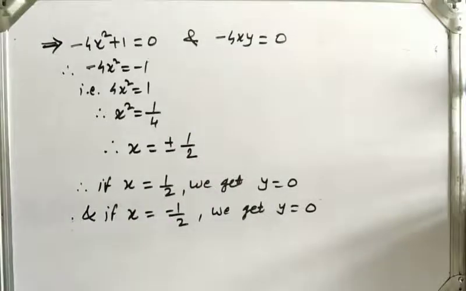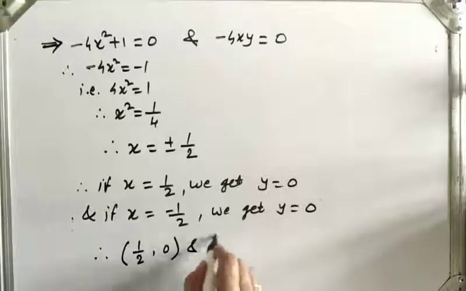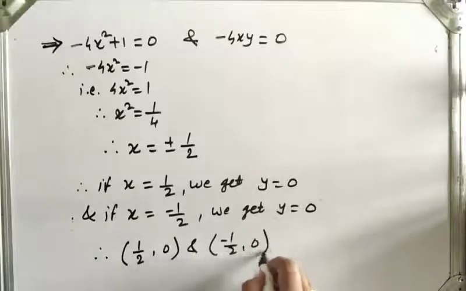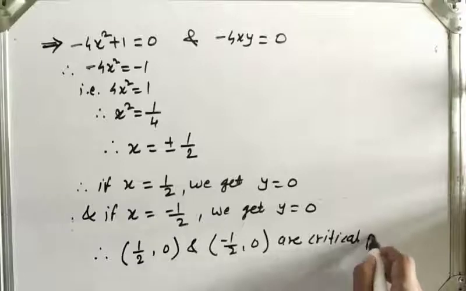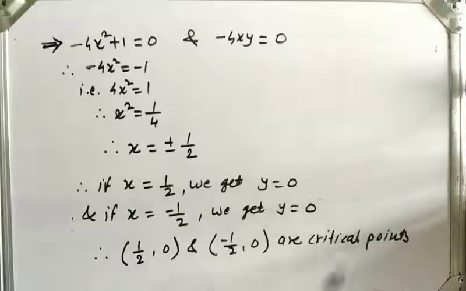Therefore, which are the critical points? 1 half, 0 and minus 1 half, 0 are critical points. We get these two critical points.